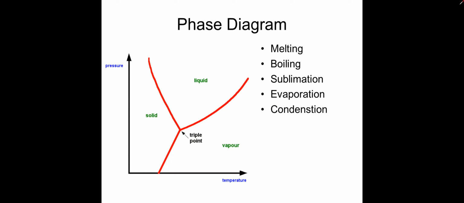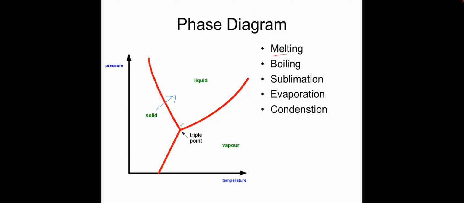Okay, so I'll do the first one for you. Melting. We know that melting means that something is changing from a solid, I'm sorry, my pen is frozen. It's not working very well. Okay, from a solid to a liquid.